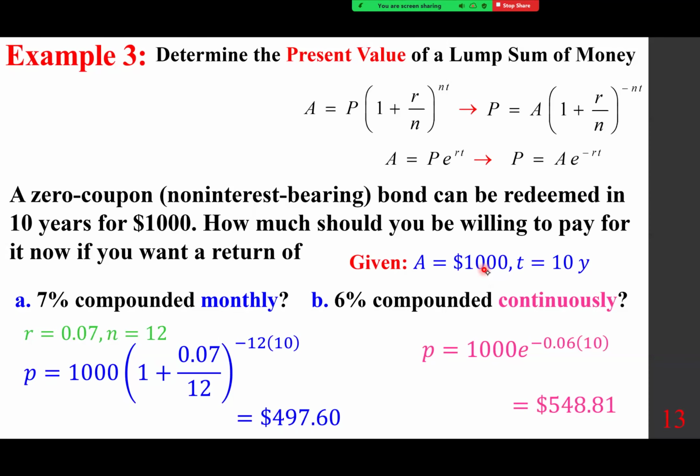That's the meaning of it, everybody. I hope everybody's clear on that. We are going to move on. So that's a present value, everybody.